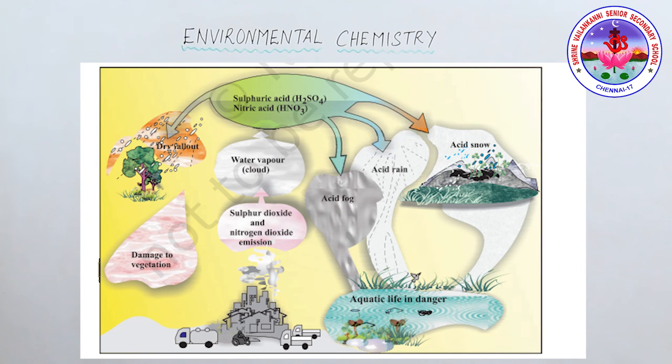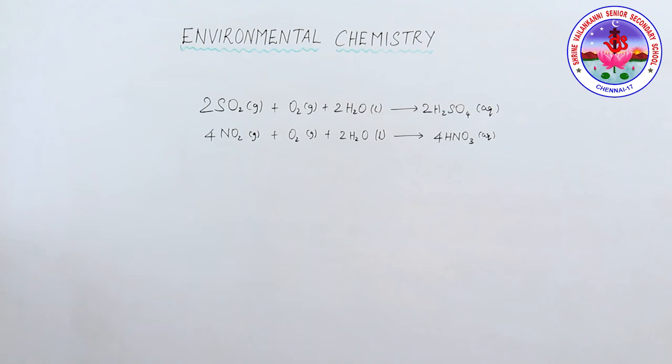Acid rain is usually a byproduct of a variety of human activities that emit oxides of sulfur and nitrogen into the atmosphere. We have already seen that burning fossil fuels containing sulfur and nitrogenous matter, such as coal and oil in power stations and furnaces, or petrol and diesel in motor engines, produces sulfur dioxide and nitrogen oxide.